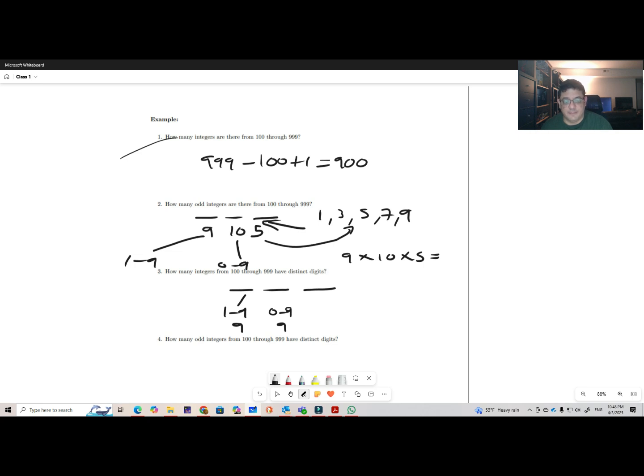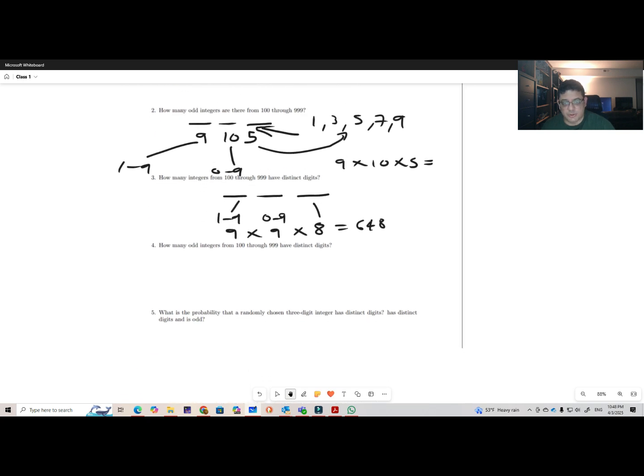And so you have 9 choices, whichever is different from the first. And for the last one, I'm going to have only 8, because you have to pick from whatever is different from these two. So you exclude what you got here, and those are the numbers you're going to have. So that is going to be 648 possible numbers with distinct digits.